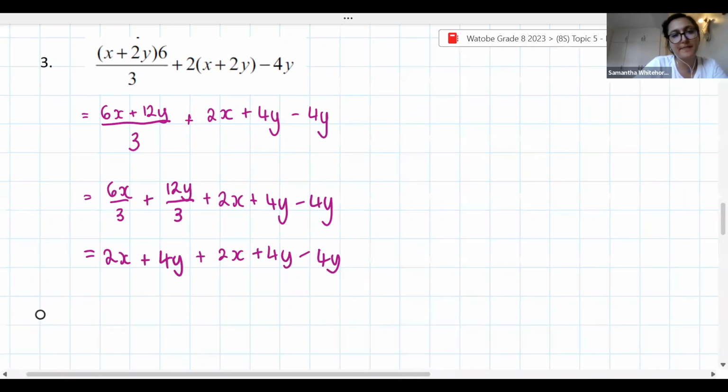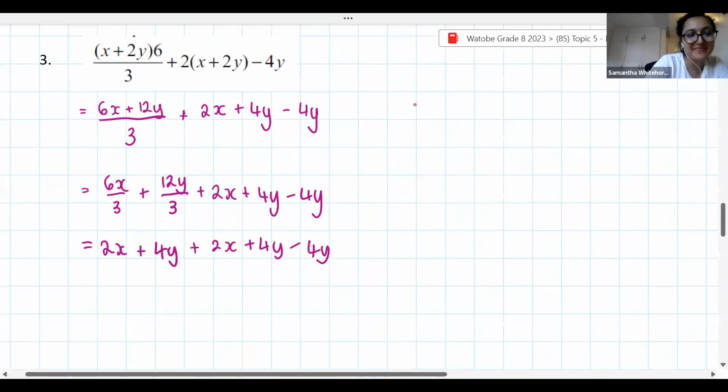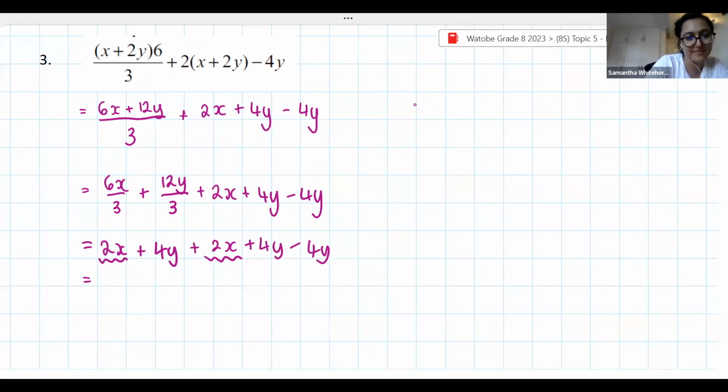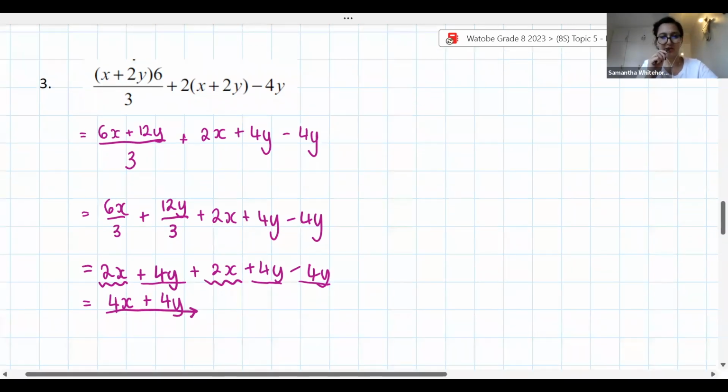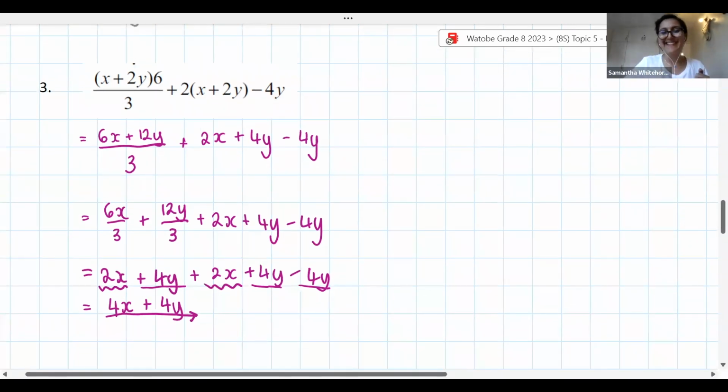So then it's 2x plus 2x, and then it's plus 4y minus 4y, and that gives you plus 4y. So 4x plus 4y. Excellent, well done.